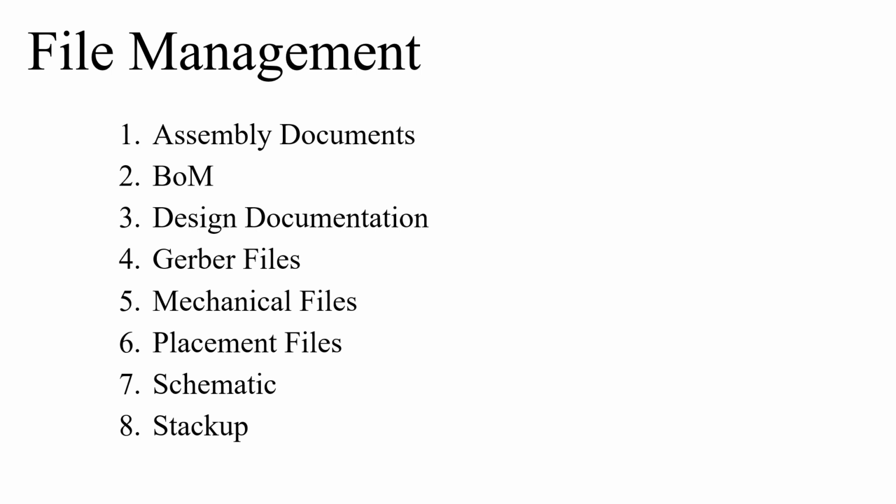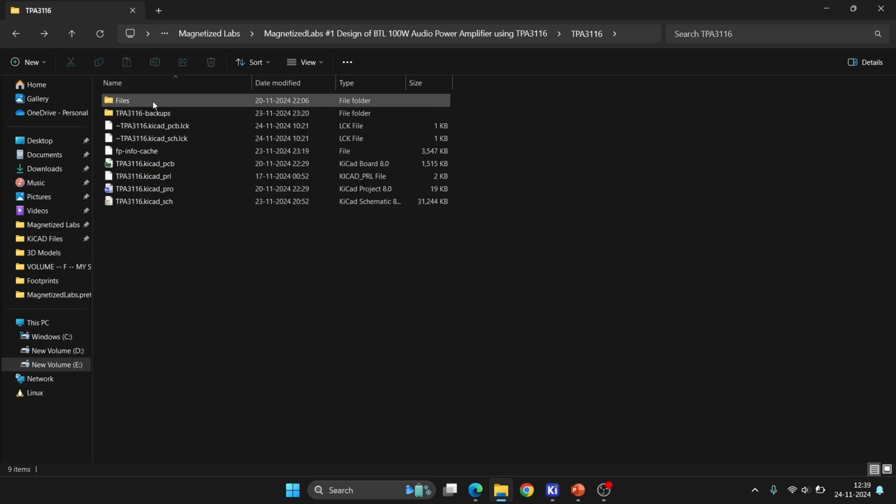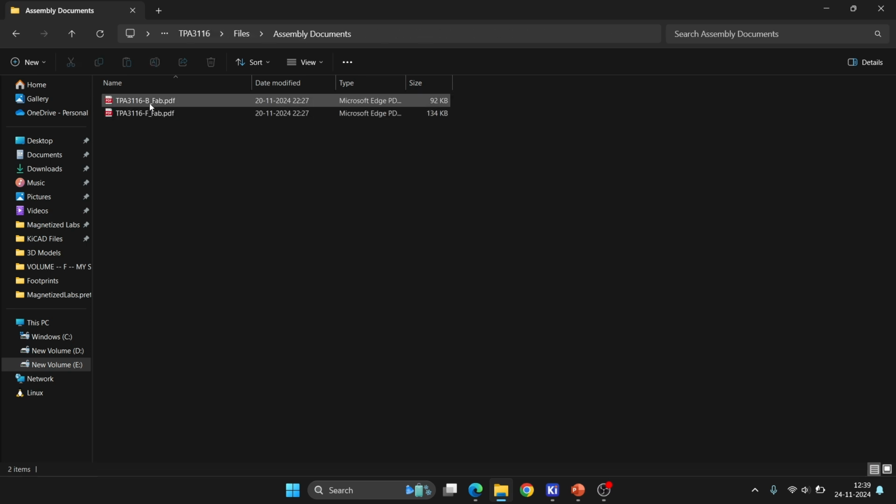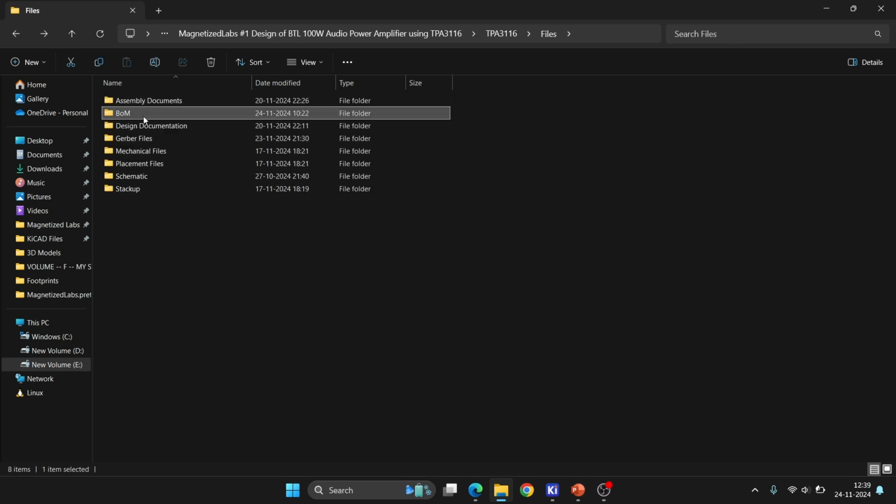Next, schematic. You can keep the schematic as a PDF in this folder. Stack up. This will say how the PCB is structured and how it's going to be manufactured. This is the file folder and assembly documents. I have kept top and bottom assembly as a PDF, and then the BOM folder. Inside, the BOM file is there.